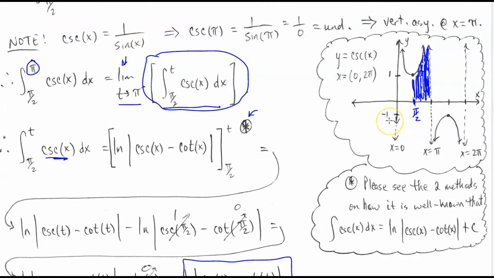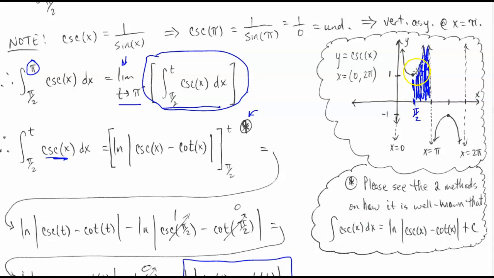Now, what does that mean? That means, because of the nature and how this function increases as it approaches this vertical asymptote, the rate at which it increases is too slow for us to be able to figure out what the area from pi over 2 to pi, in between x equals pi over 2 and the vertical asymptote, will be.